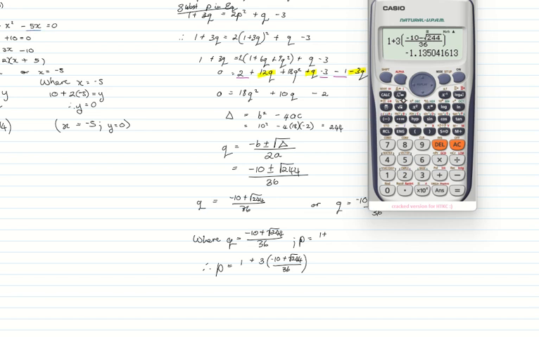I need to go simplify that, which equals 1 plus the square root of 61 over 6, and then we can also say where Q is equal to that, P will be equal to 1 minus the square root of 61 over 6.